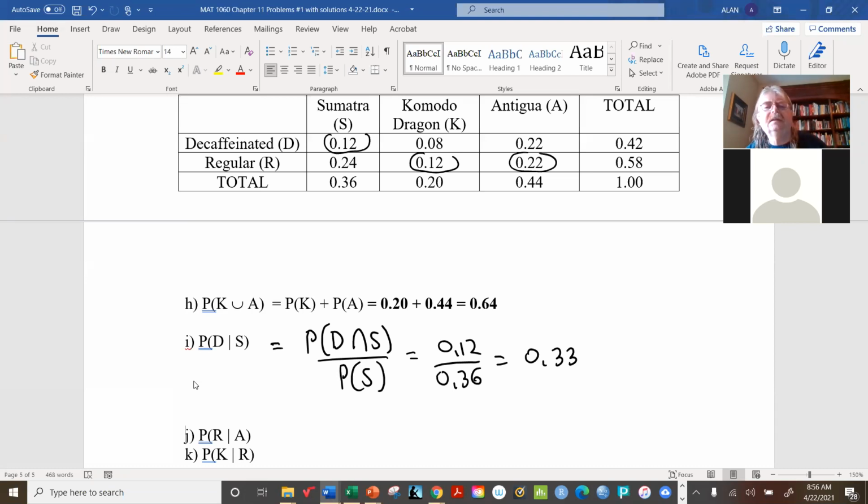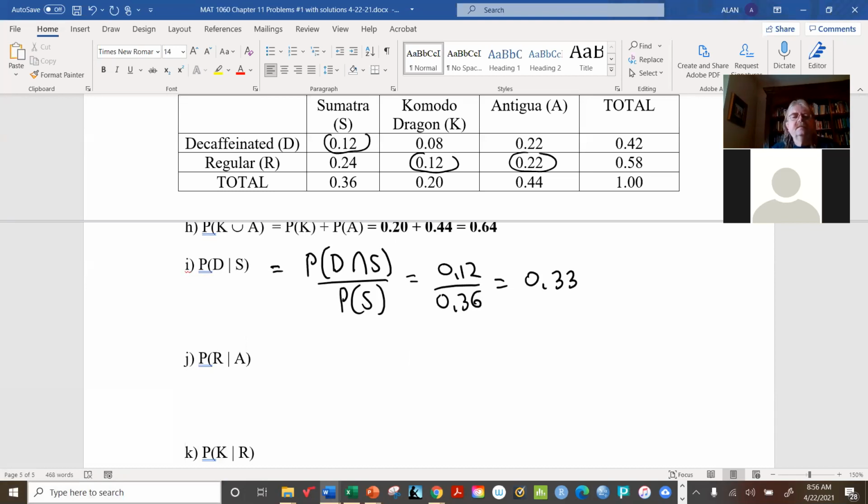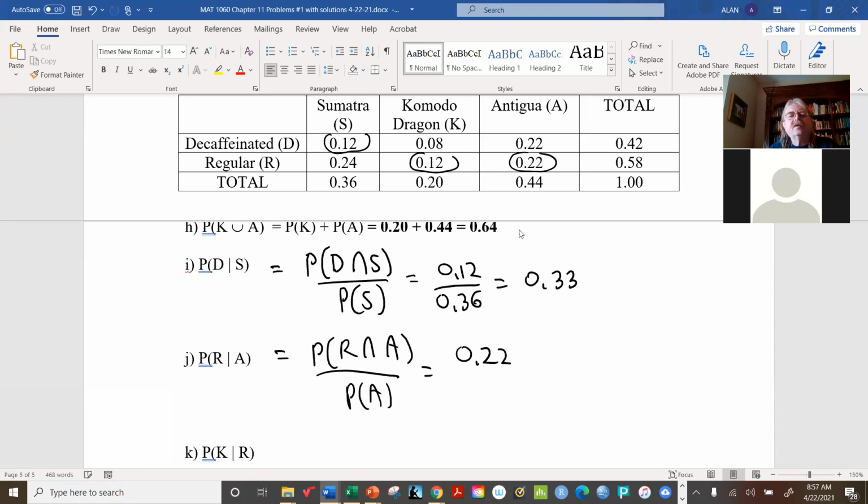All right. Now for R given A, R and A is a regular Antigua. Again, we did already see that earlier, 0.22. A is the sum of all the Antiguas right here. And so this one is exactly a half.